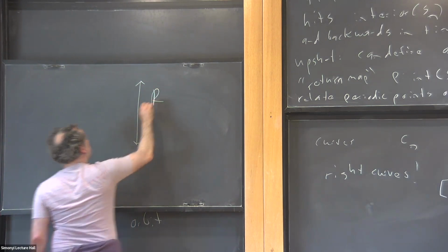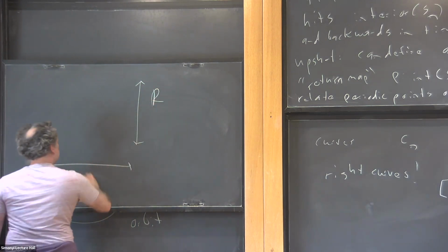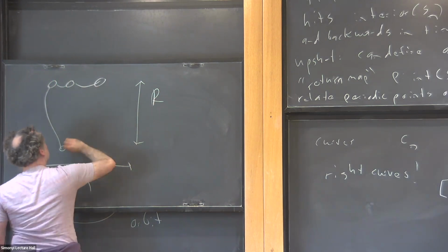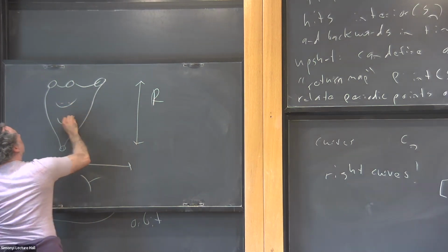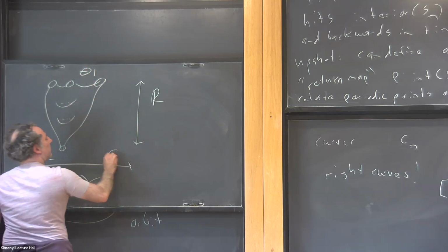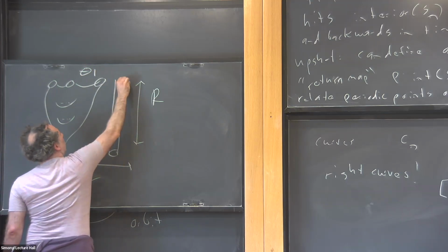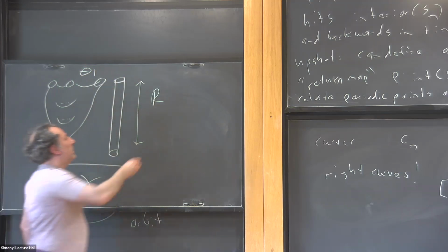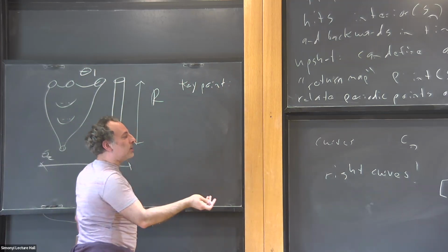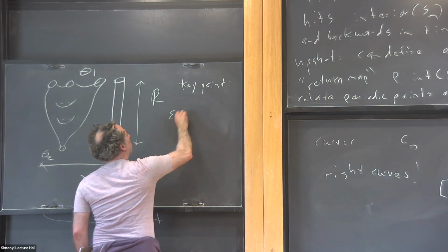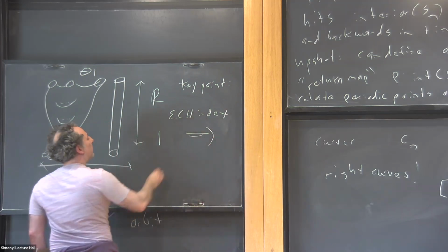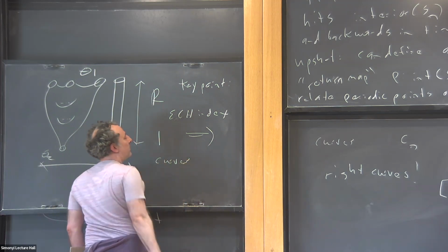Here's my R coordinate, here's my Y coordinate. I have some curve. This would be some set of orbits, theta 1. This would be some other set of orbits, theta 2. And in fact, I'm not even necessarily requiring that the curves are connected. The key point is that this index 1 condition implies that the curves are mostly embedded.